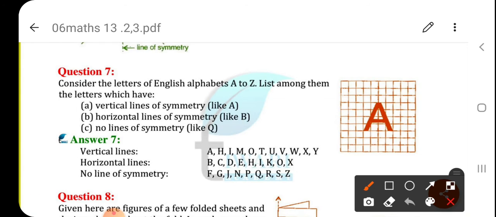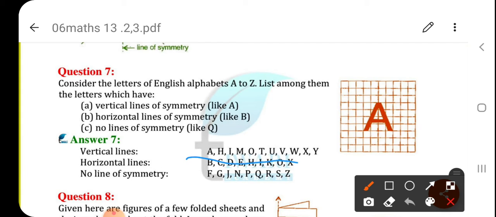Here A is there. If you draw a vertical line, then yes, both the parts, left and right, are equal. Now draw a horizontal line. Then the upper and lower parts are not equal, so only a vertical line of symmetry is possible.